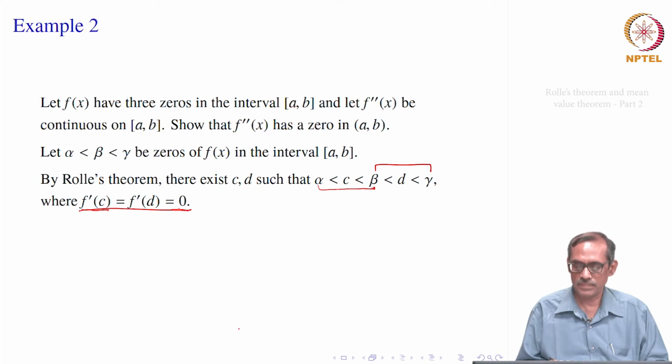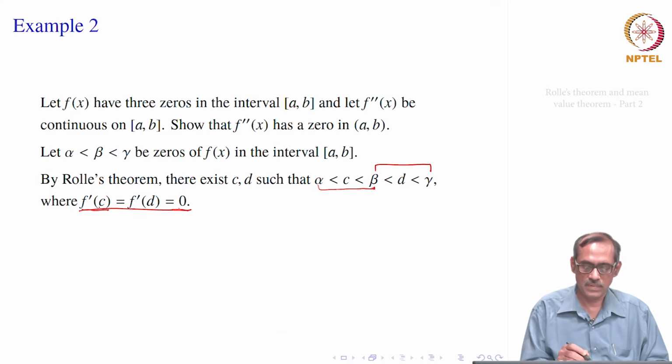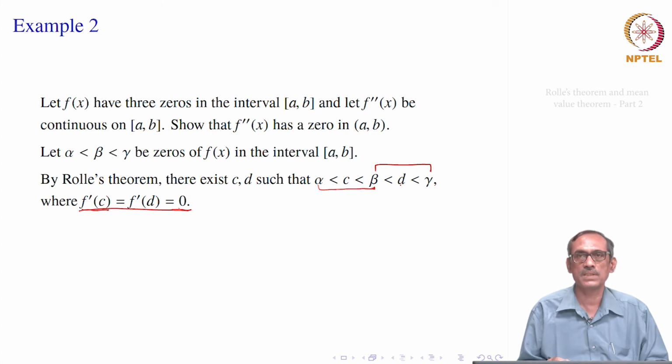Now, look at f prime. It is given that f double prime is continuous. So, f prime is also continuous on the closed interval c to d, and f prime is differentiable in the open interval c to d.